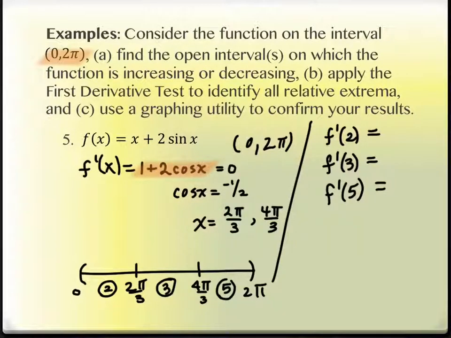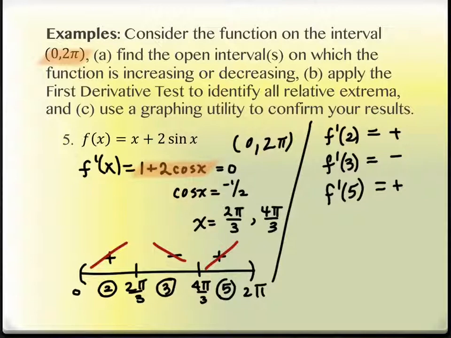What happens at f prime of 2? Positive. 3? And 5? Positive. So positive, negative, positive. Positives increasing, negatives decreasing. Do you see my maxes and mins? They occur again on this one, right?